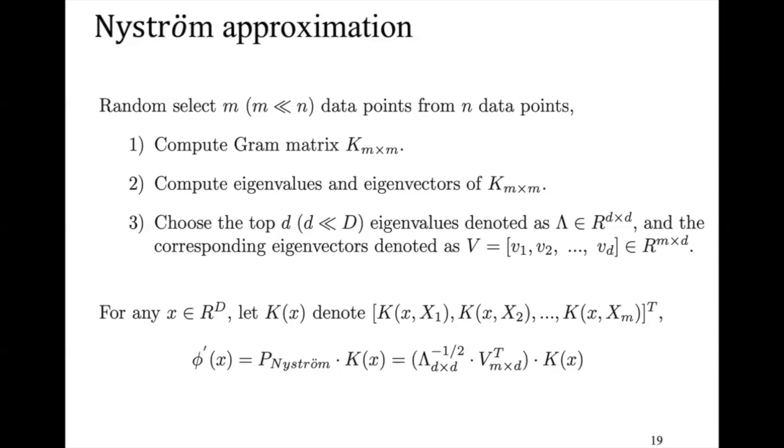This is the small gram matrix K, m by m, and after that we compute the eigenvalues of this small one, and we just choose the top eigenvalues and also the corresponding eigenvectors, and based on that we project the data in these top k dimensions. We can reduce the kernel matrix. So that's the high level of this method.